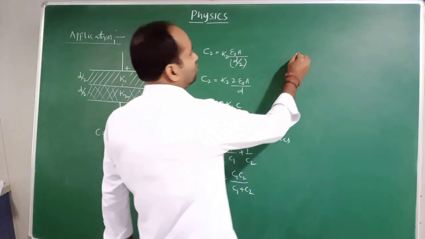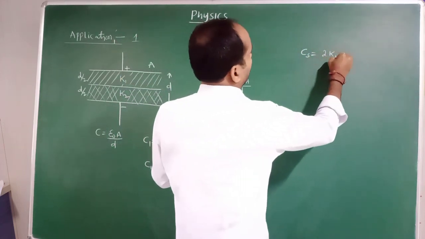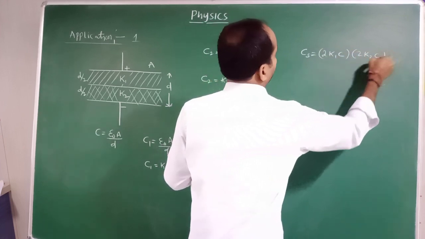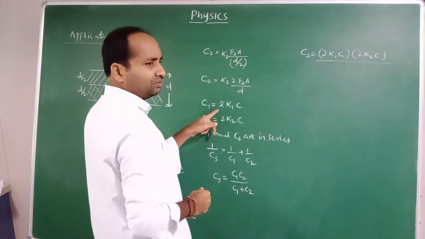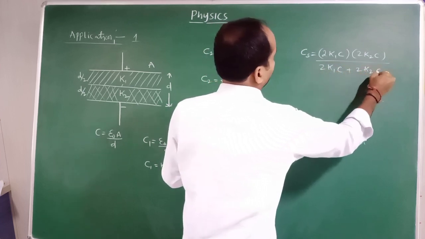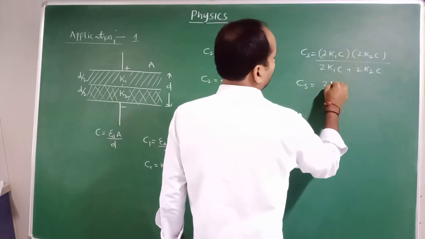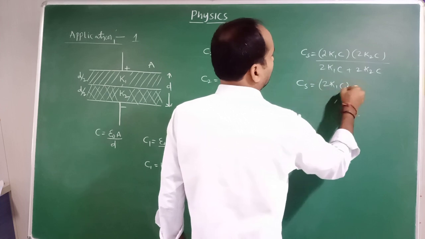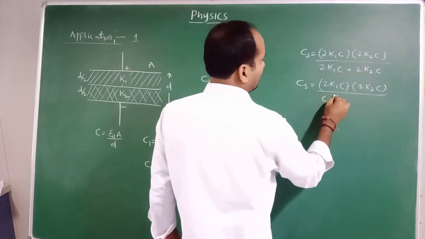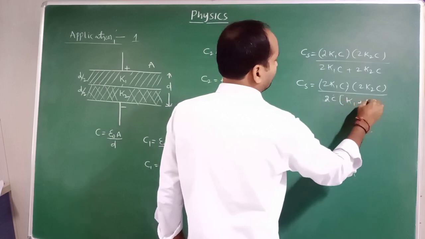Cs is equal to C1 C2 by C1 plus C2. What is the C1 value? 2K1C. C2 is 2K2C. So Cs is equal to 2K1C times 2K2C by 2K1C plus 2K2C. Here 2C is common, and what remains is K1 plus K2.